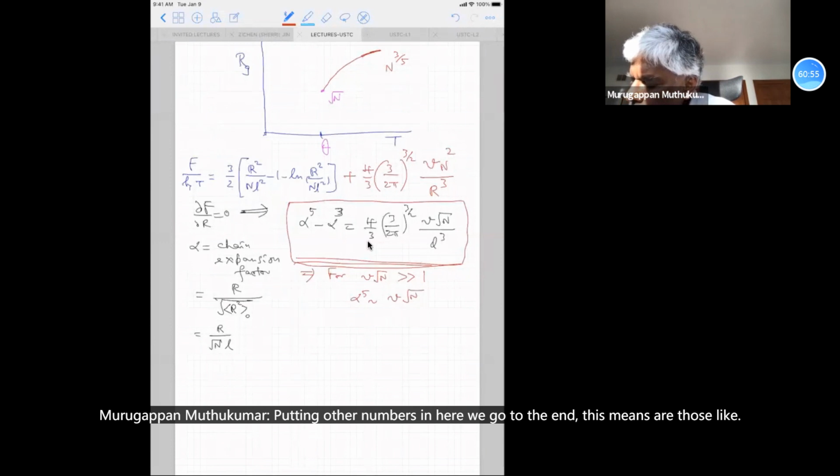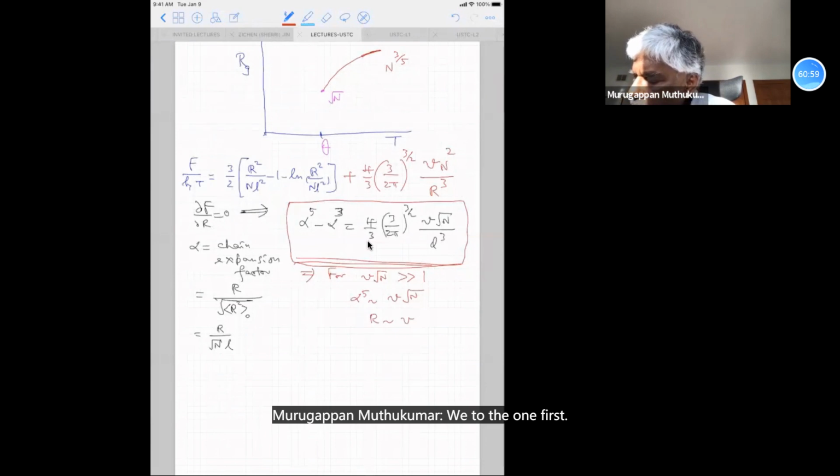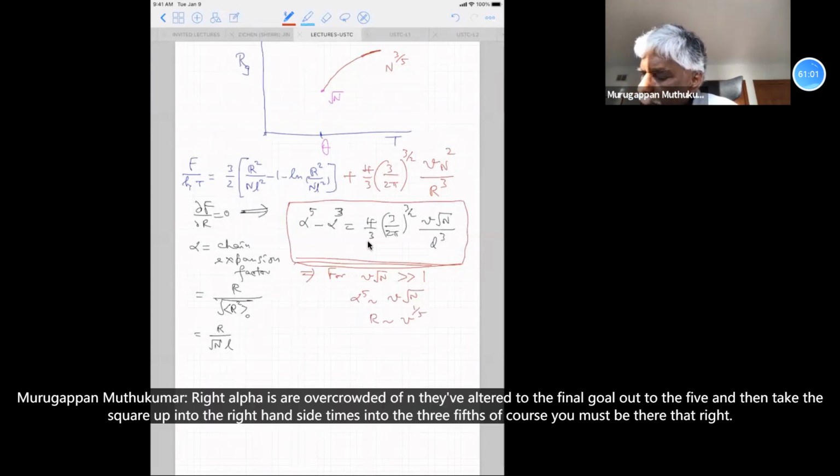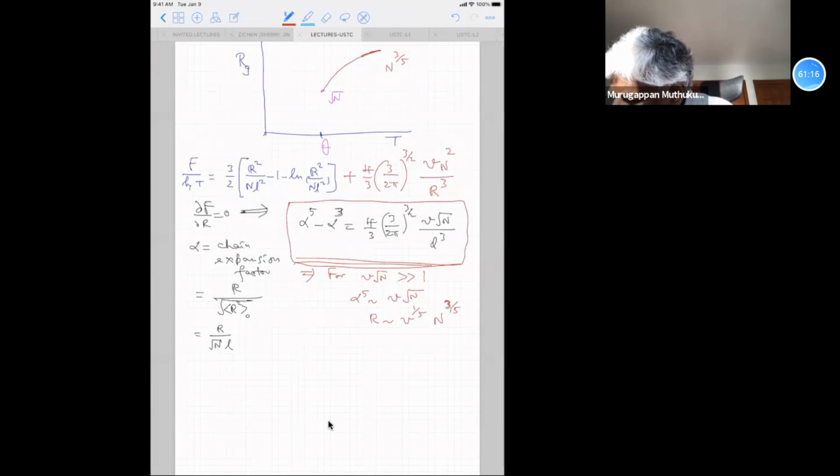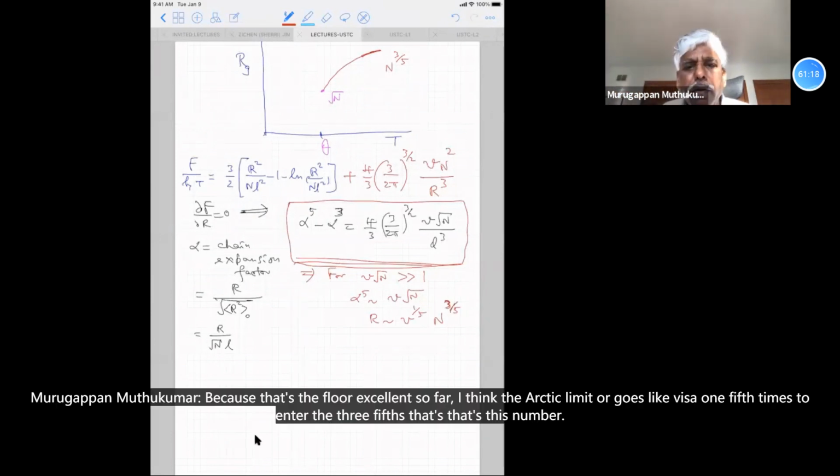This means R goes like v to the 1/5. Alpha is R over square root of n. Therefore, alpha to the 5 will go like R to the 5, and then take the square root of n to the right-hand side, times n to the 3/5. Of course, you must get that, because that's the Flory exponent. So for the asymptotic limit, R goes like v to the 1/5 times n to the 3/5.